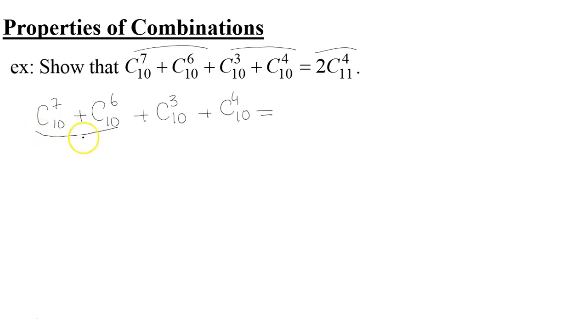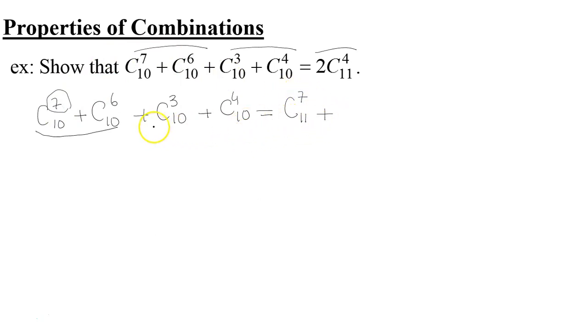We have the first two here where the total number of objects is equal, and the total number of selections differ by 1. So according to the previous property, in that case, the total number of objects increases by 1, so the 10 becomes an 11. And for the total number of selections, we do take the larger number of selections, which in this case is a 7.